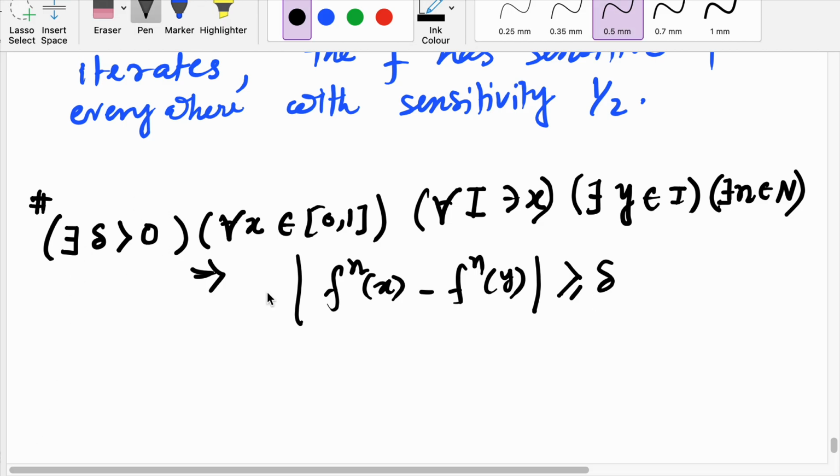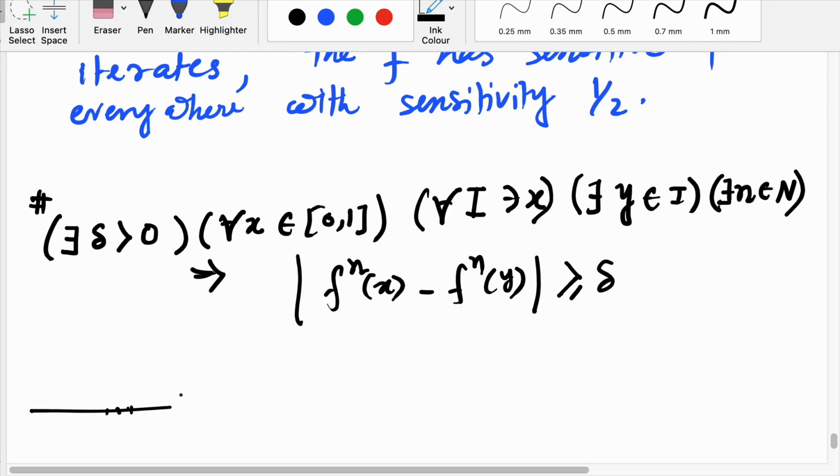So it says that if I take any arbitrary point x on this axis, and whatever small interval you choose, we will prove that for every interval which contains this point x, you will find a y for which there exists n such that the iterate of x and the iterate of y become delta apart from each other.